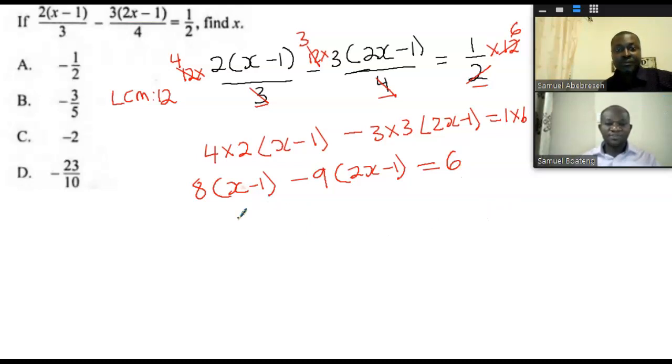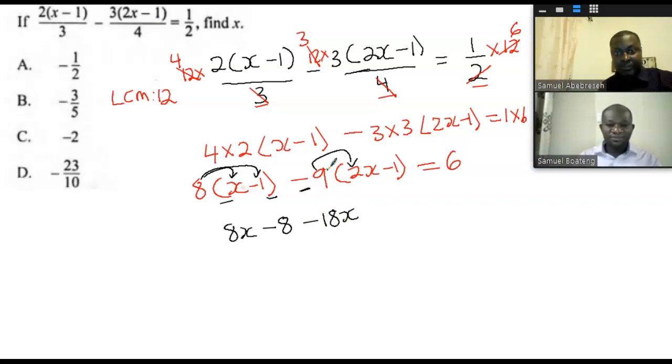Let's remove the bracket by multiplying. 8 times x will give you 8x minus 8, minus 9 times 2x will give you minus 18x. Then minus 9 times minus 1 will give you plus 9 equal to 6.